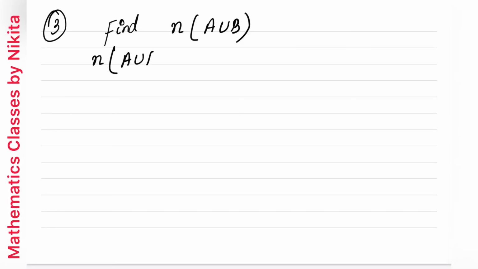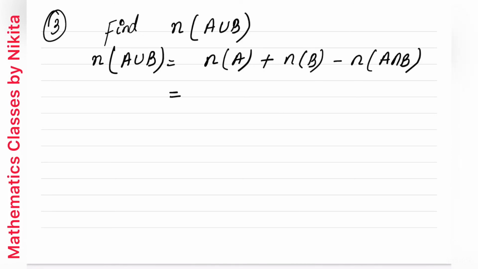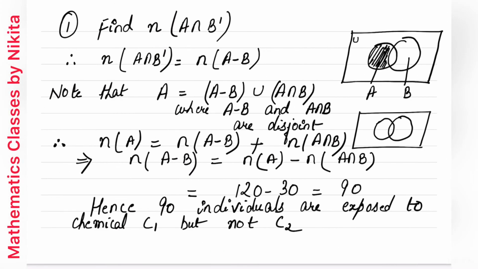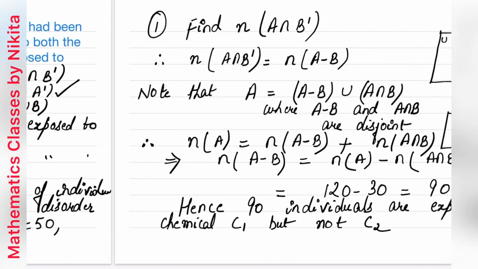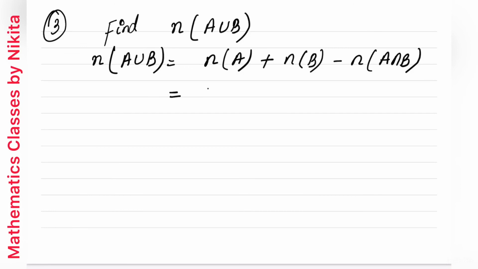And in the last part you have to find the number of elements in A union B, and we know that we can use formula 2. This is equal to the number of elements in A plus the number of elements in B minus the number of elements in the intersection, which is equal to, let's see the values now, 120, this is 50 and this is 30. 120 plus 50 minus 30.